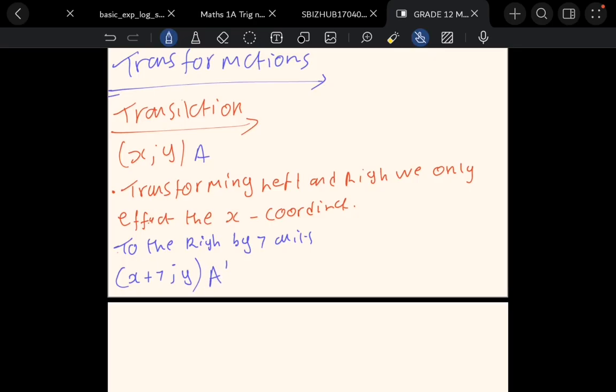And if I transform to the left by h units, we should get x minus h, comma y. Because I've transformed a single point again, I'm just going to call it A double prime. So I'm going to have A prime to the right, and A double prime if I have A to the left. So whenever we transform left and right, we only affect the x coordinate.